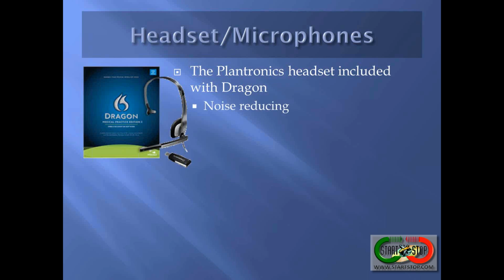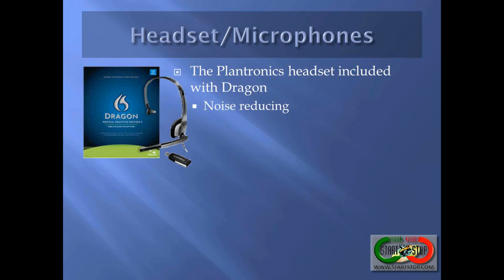All of the microphones we're going to be talking about today are noise reducing or noise canceling. You really want that feature in a microphone for use with Dragon, because you don't want all the background sounds of people walking past and doors opening and closing and another person in the room sniffing or whatever it is, freely getting into the microphone just as much as your voice is, because that's going to make it obviously extremely difficult for Dragon to transcribe your dictation accurately.